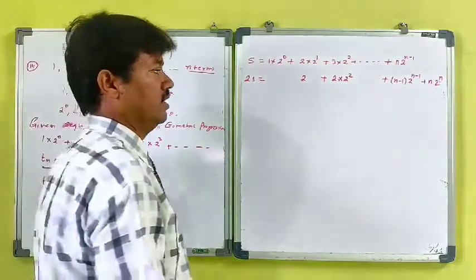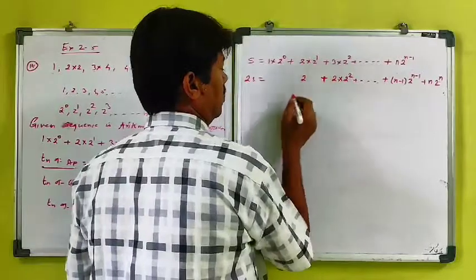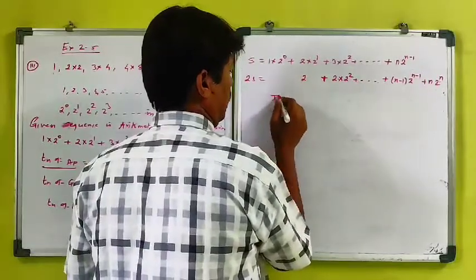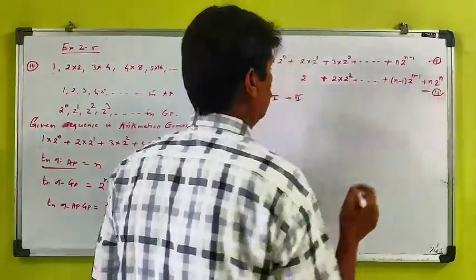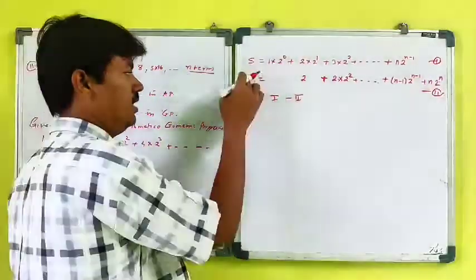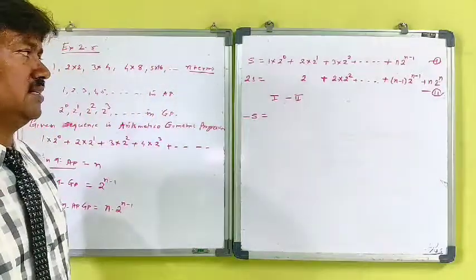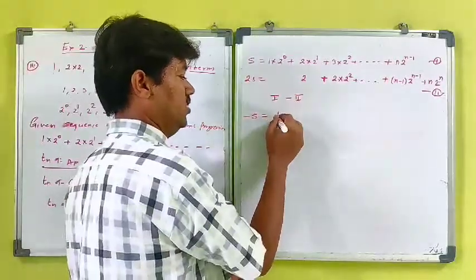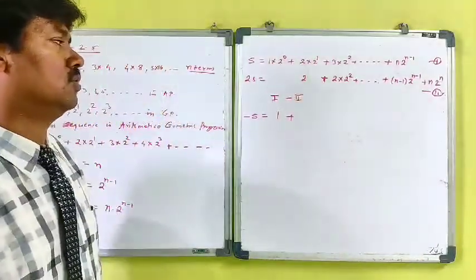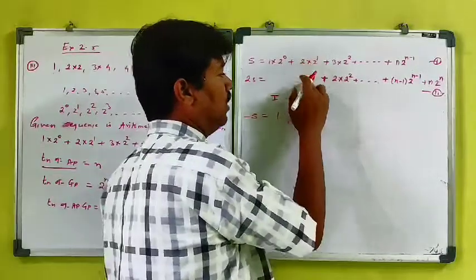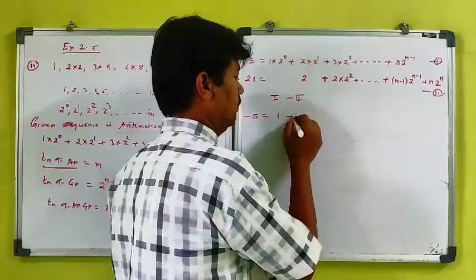Then subtracting, that is equation 1 minus equation 2. So S minus 2S will give you simply minus S. The first term is as it is, which is 1. The next term is 2 minus 1, that is 2 raised to 1.